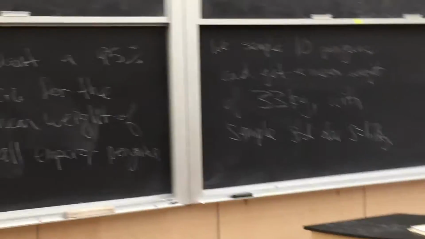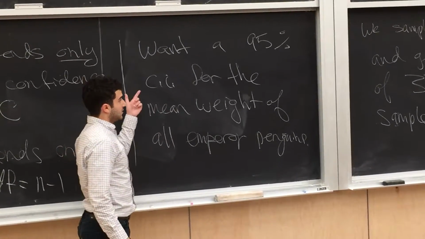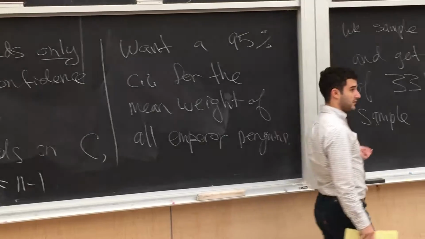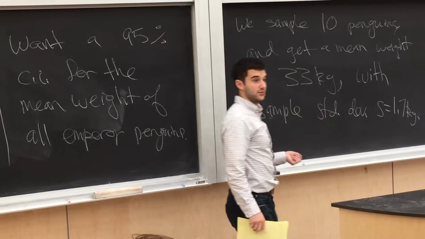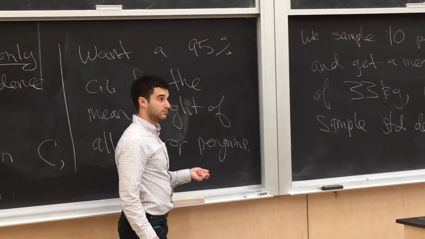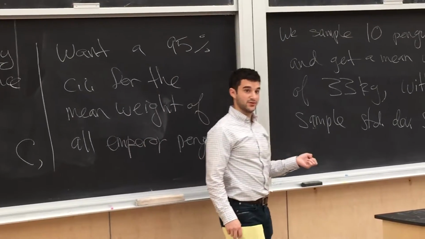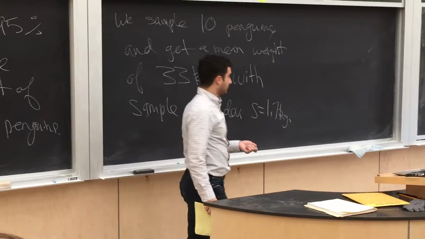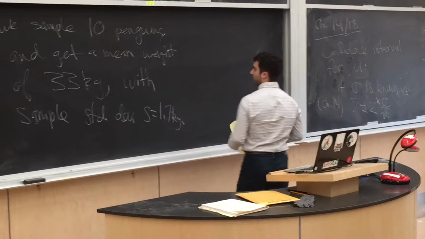So the first question is, do we use the t distribution or the normal distribution for this one? The t distribution. And why do we use the t distribution? We don't know sigma. Yeah, we don't know sigma. We only have s.